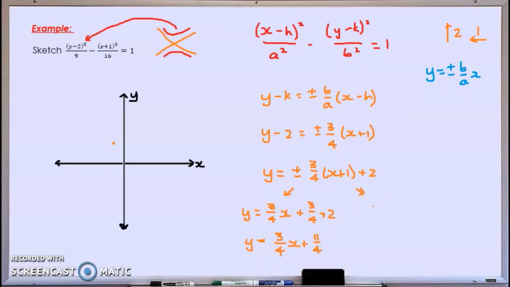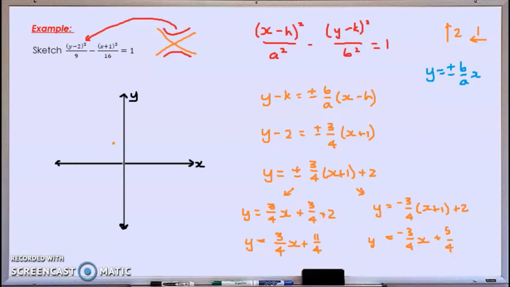And the other asymptote will have the equation y equals negative 3/4 x plus 1 plus 2, which will give us negative 3/4 x plus 5/4 once I expand and collect.